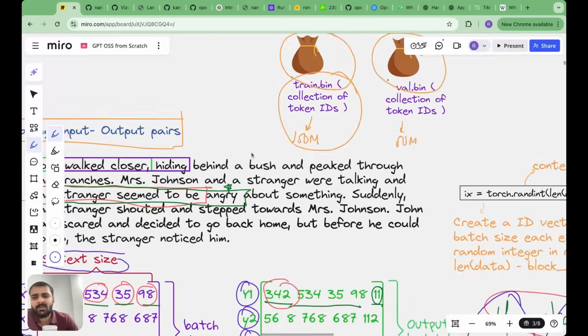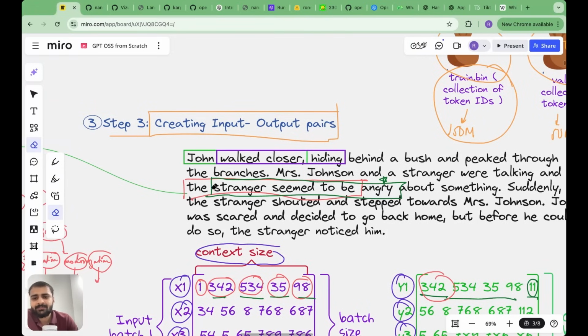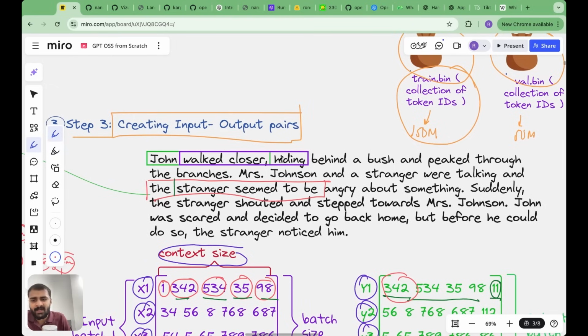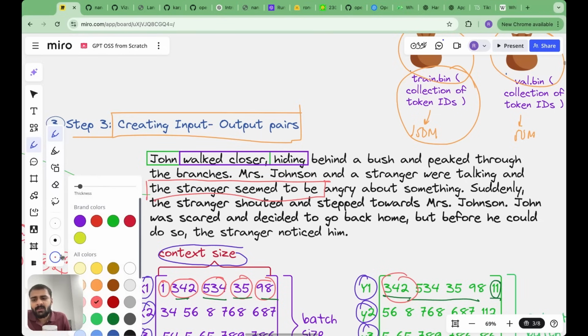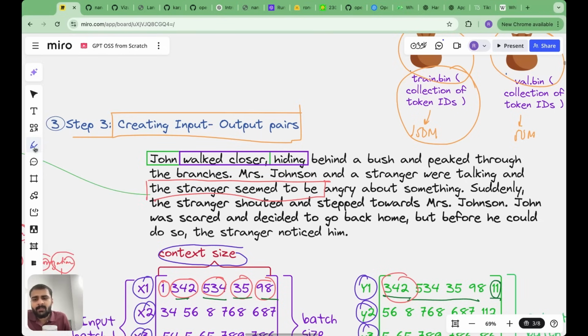What stride essentially means is that, let's say I get my first input sequence as "the stranger seem to be". My second input sequence should ideally start over here, right?